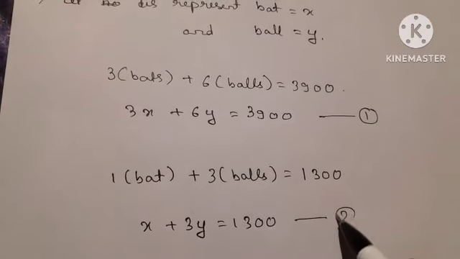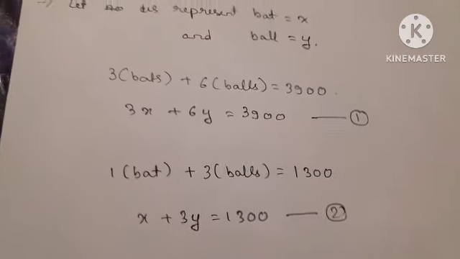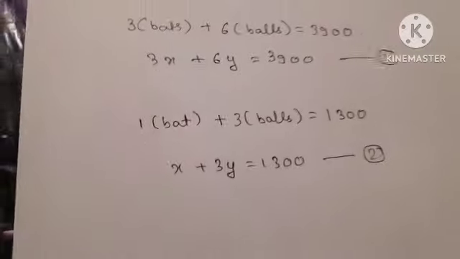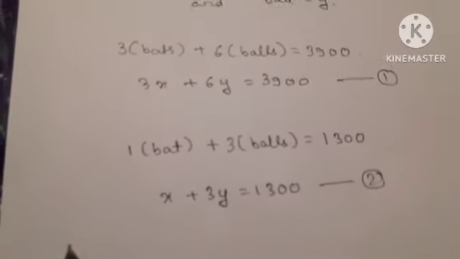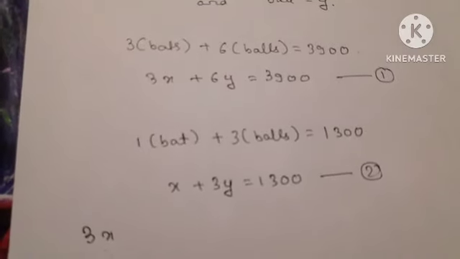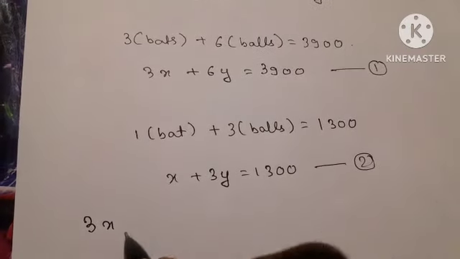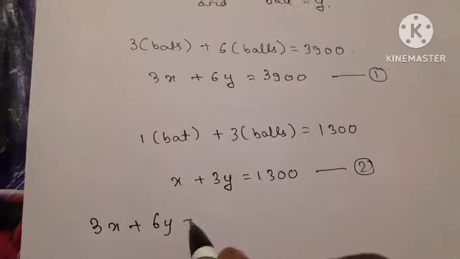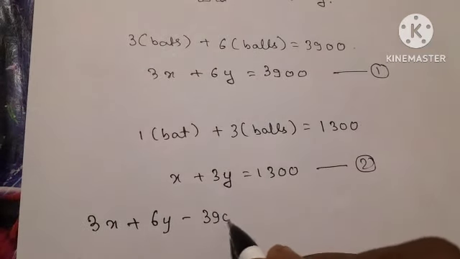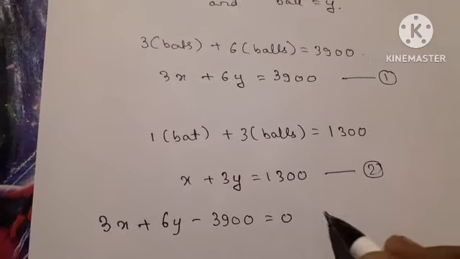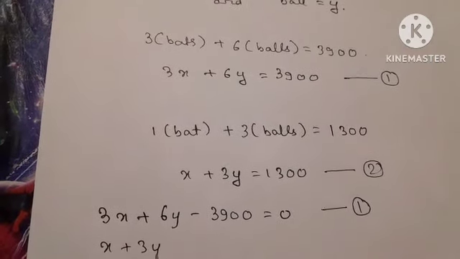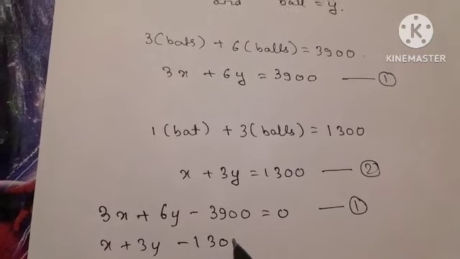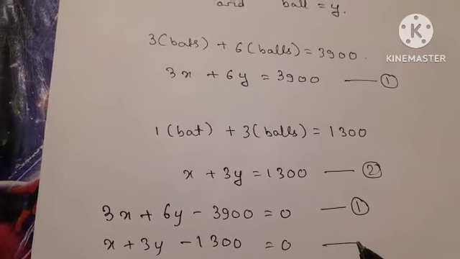Let us take this as the second equation. Now let us write down both the equations. 3x plus 6y minus 3,900 equal to 0, this will be equation 1. And x plus 3y minus 1,300 equal to 0, this will be equation 2.